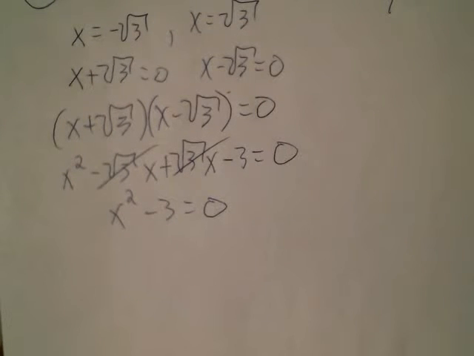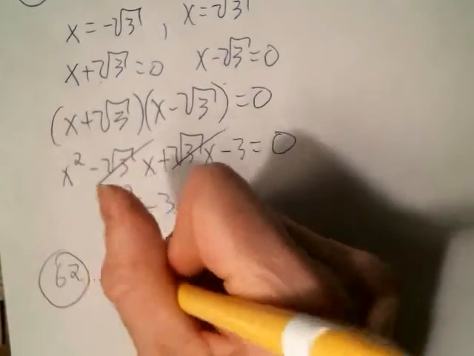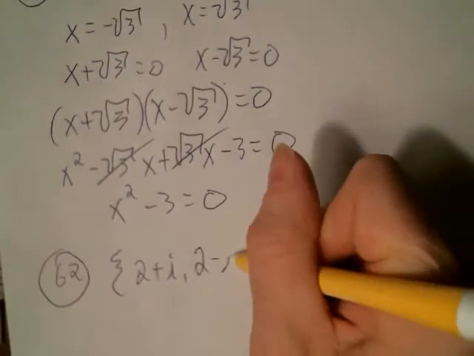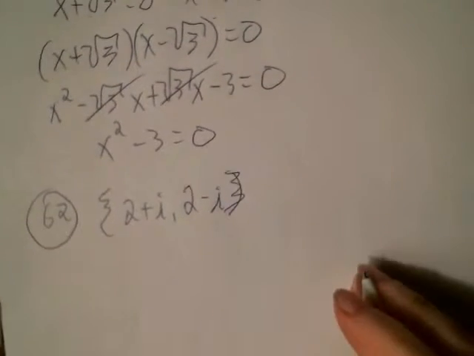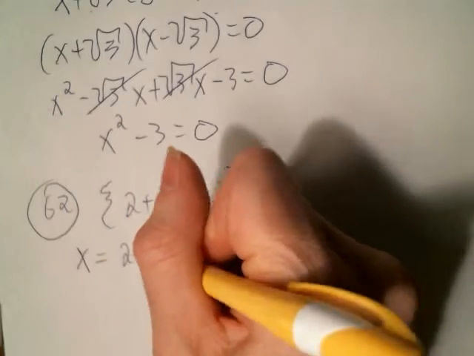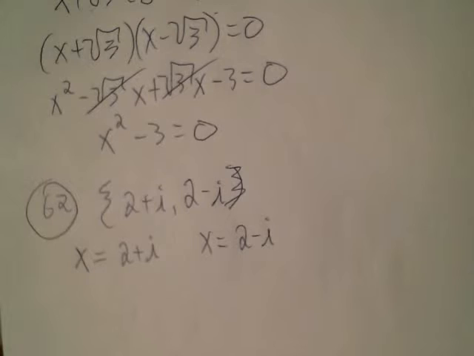Let's look at one where they have some imaginary characters floating about. So number 62. We have 2 plus i, and then 2 minus i. So I'm going to have x equals 2 plus i, or x equals 2 minus i. Watch the way I do this.